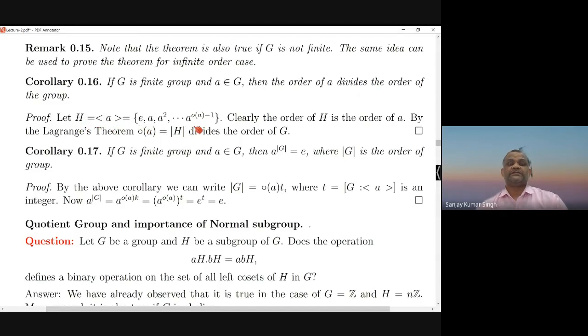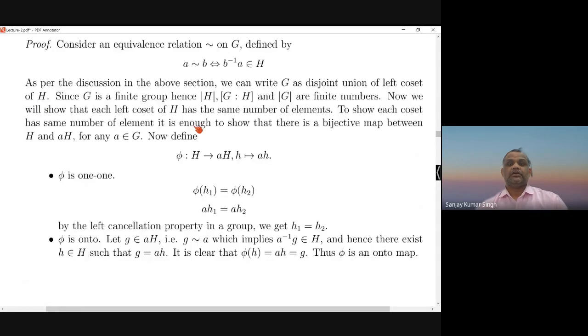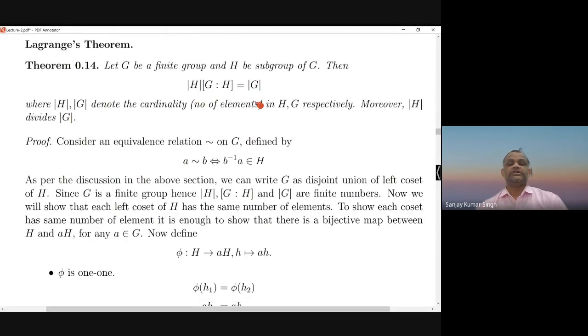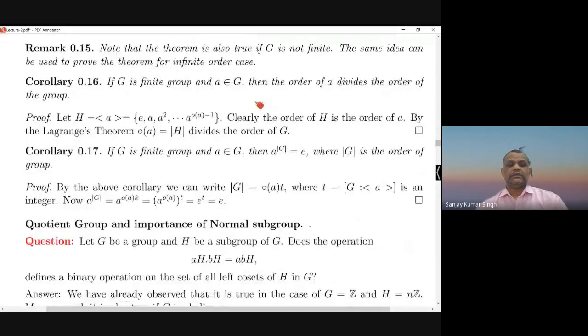We have just seen that theorem: order of H times index equals mod G. It means order of H divides order of G. But the order of this subgroup is exactly the same as the order of this element, and hence the order of a divides the order of G.